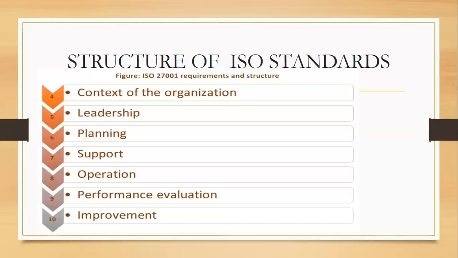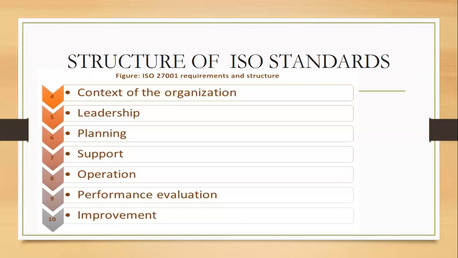Clause 7 is support. Very straightforward. Clause 7.1, they have the resources for implementation. Clause 7.2, show me evidence of competence in the organization. Clause 7.3, show me evidence you are doing awareness, ISMS awareness, BCMS awareness, and so on.